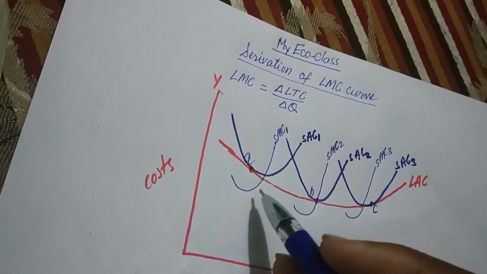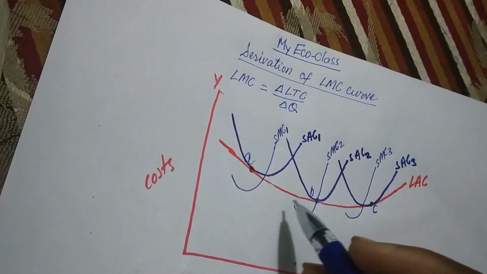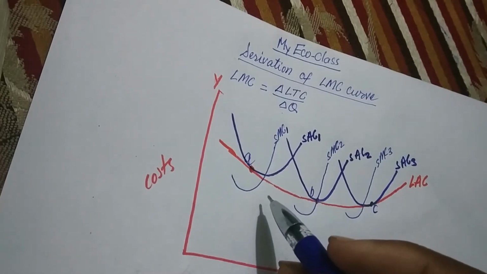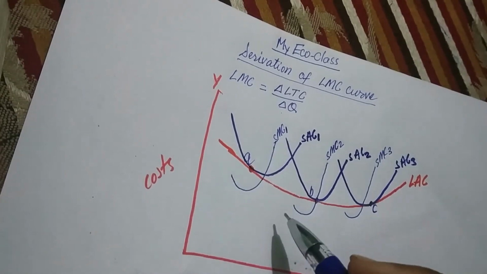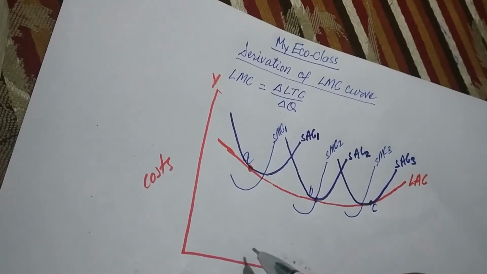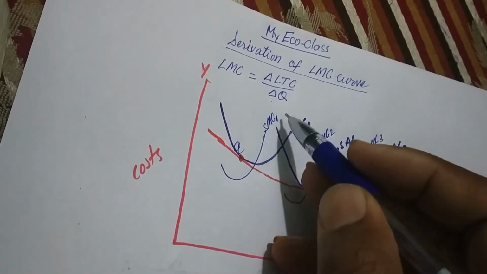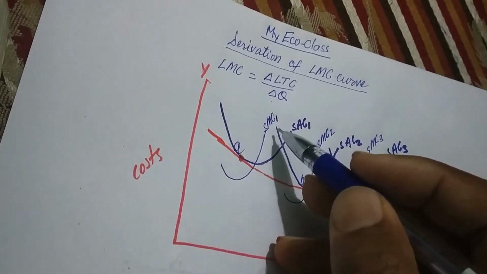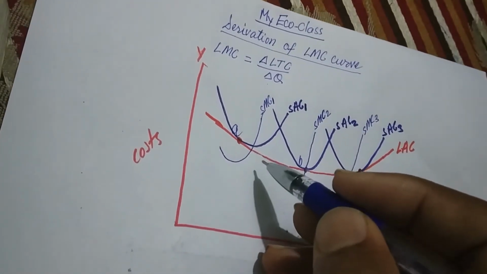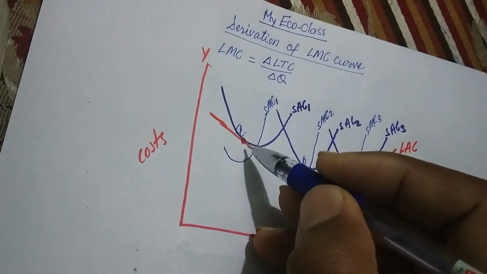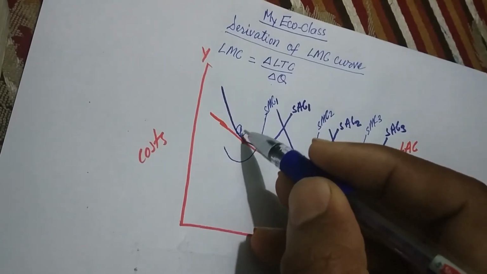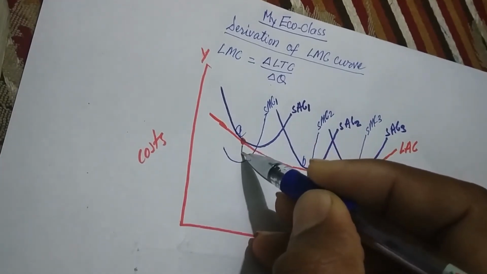Now, in order to derive the long run marginal cost curve, first let us find out the short run marginal cost for each level of output. To find out the short run marginal cost for different levels of output, let's draw a vertical line from the point of tangency to the x-axis.